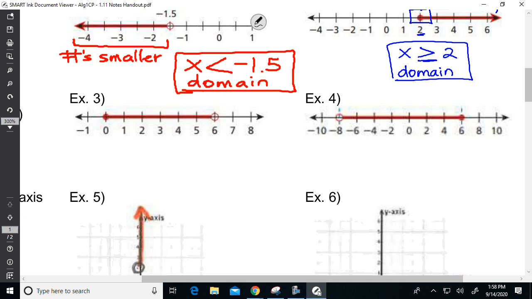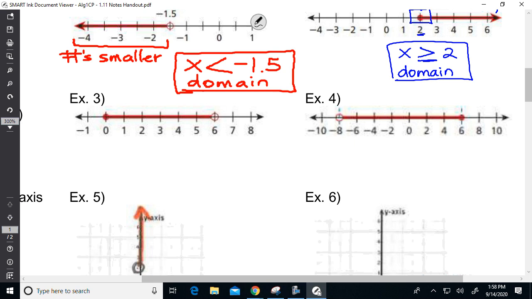So if it's in between two numbers, you have to start from one number, go from left to right, and then go to the other number and go back in the other direction. So if I start from 0, the shading is going to the right.